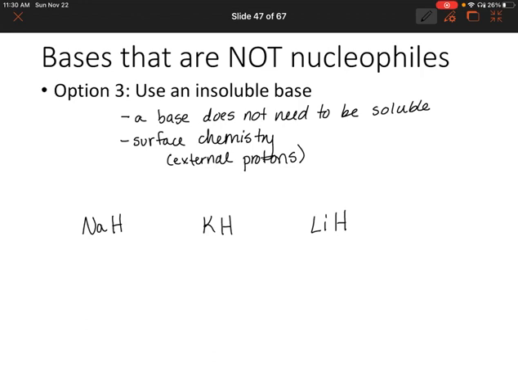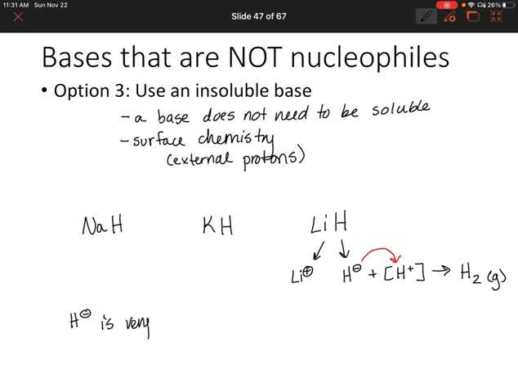These all pretty much work the same, but if we look at lithium hydride, lithium is positively charged, which means that hydrogen is negatively charged. And a negatively charged hydrogen is really unstable, so it definitely wants to react with positive hydrogens or protons to form hydrogen gas. So again, H minus is very reactive.